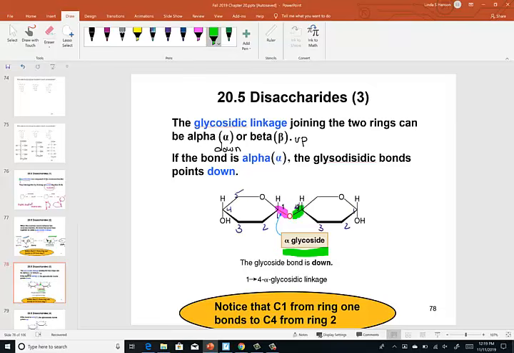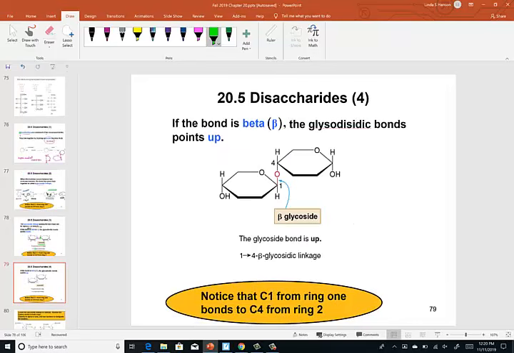If the group from carbon number 1 is pointing up, we call it a beta glycosidic linkage.